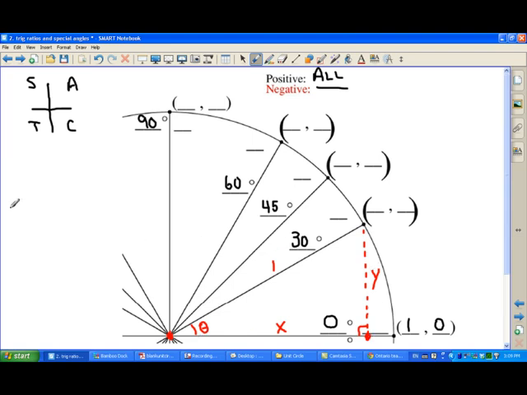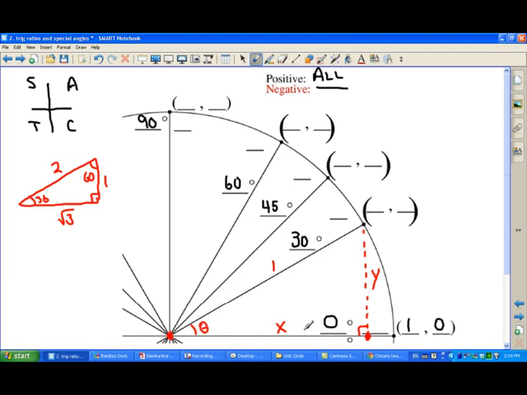So if we think about our special triangles, and in this case we're thinking about a 30, 60, 90 triangle, I have sides that look like this.